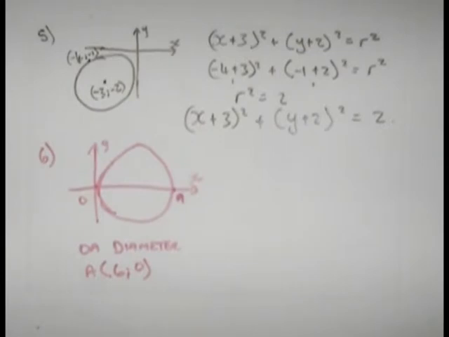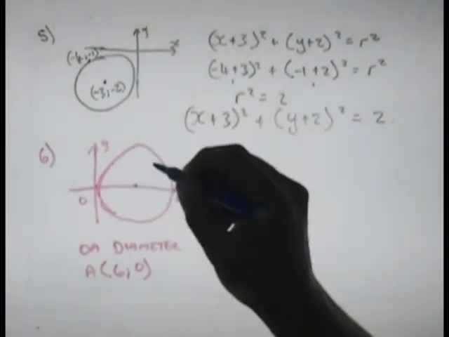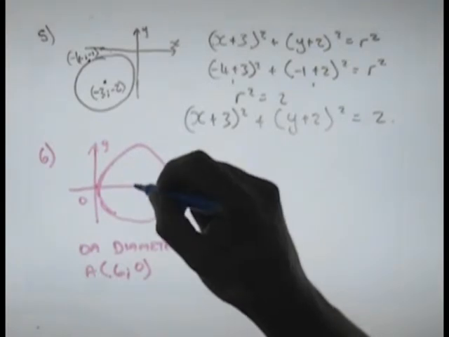Now, it does seem like a tough one to draw. It really is not that difficult to draw. Think about it. If OA is a diameter, what goes right in the middle of OA? Isn't the middle of the diameter also the center of the circle?